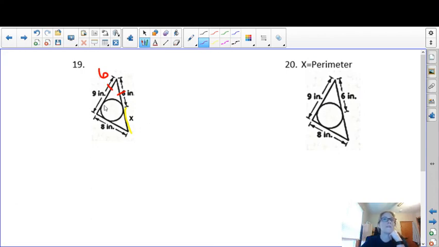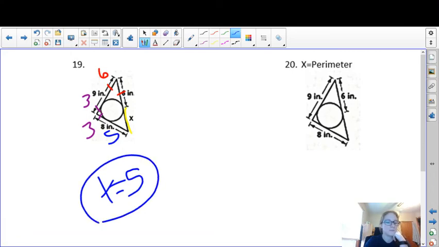If this whole length is 9, and this piece here is 6, 9 minus 6 is 3. So this piece has to be 3. And again, this piece would have to be 3. And if the whole length is 8, and that little piece there is 3, this has to be 5. So x is equal to 5.